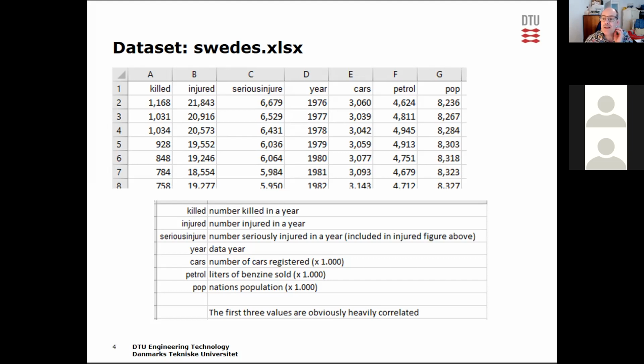So maybe each car burns 1,000 liters of petrol in a year, and that makes more sense. But it doesn't matter, because as far as running the regression model, it's irrelevant as long as the scale is still there. It's just my guess about the 1,000 multiplier, and I don't use that when I actually put the data into the software anyway.